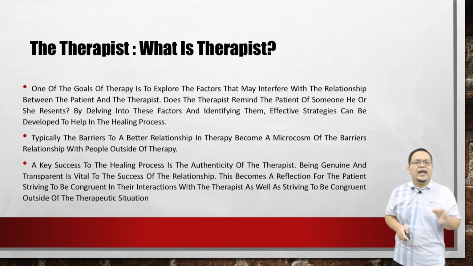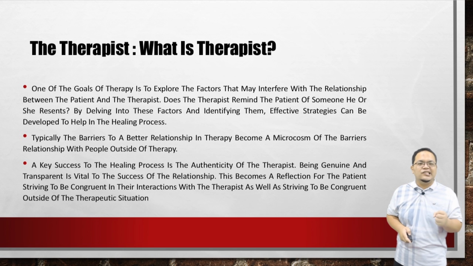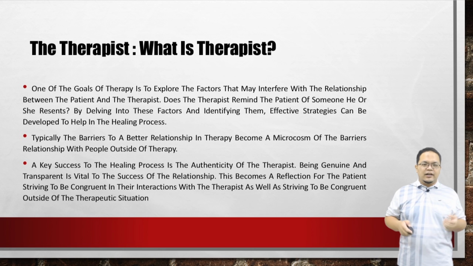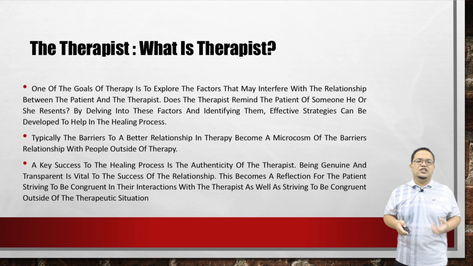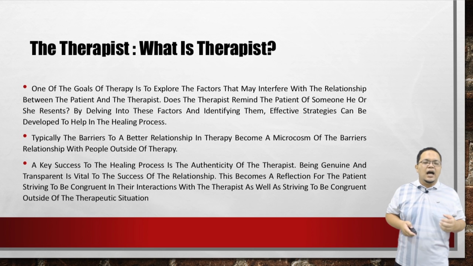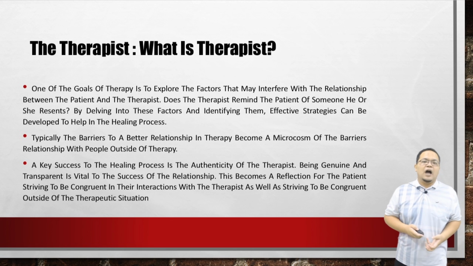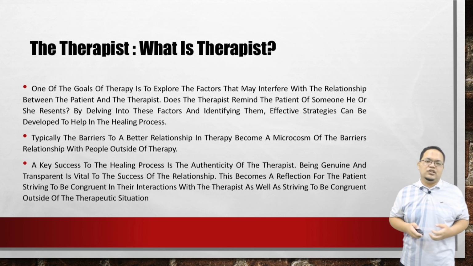Being genuine and transparent is vital to the success of the relationship. This is because it is a reflection for the patient, who is striving for congruence in their interaction with the therapist, as well as striving to be congruent outside of the therapeutic situation.